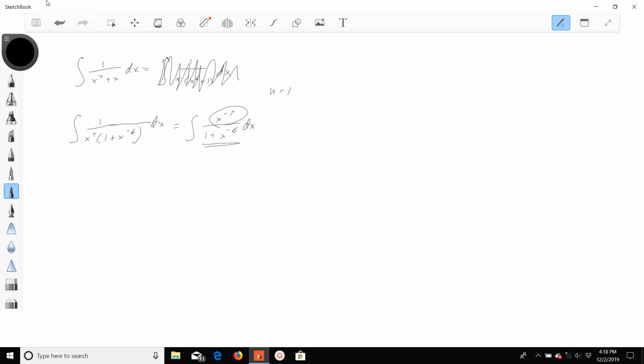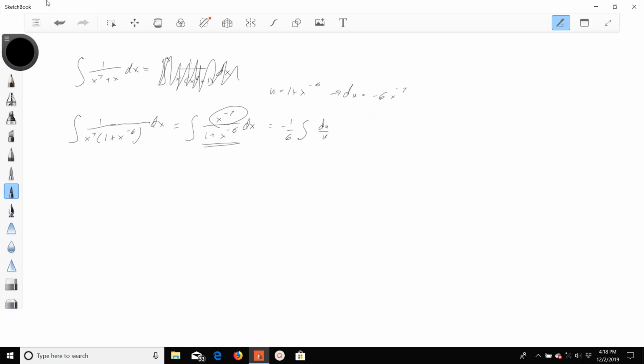We can let u be equal to 1 plus x to the negative 6, which implies that du is equal to negative 6x to the negative 7 dx. So we get the integral negative 1/6, the integral of du over u.